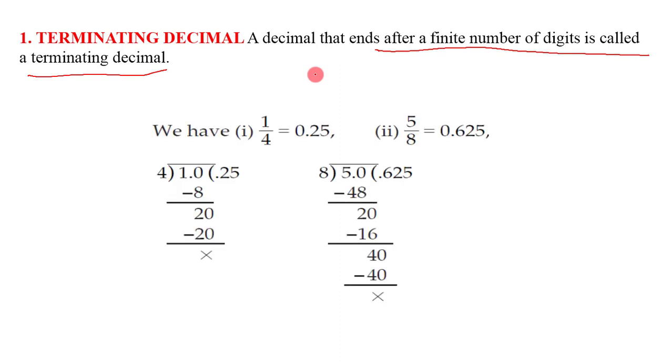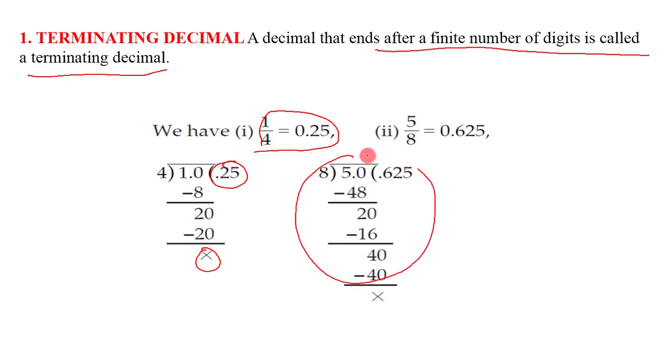Example: 1 by 4, on dividing which you get the remainder 0. That means the division process is completed and we have a finite number of decimal places in it. So it is called a terminating decimal. Here also, the second example 5 by 8 has a finite number of decimal places, that is 3 decimal places. In the first example we have 2 decimal places.